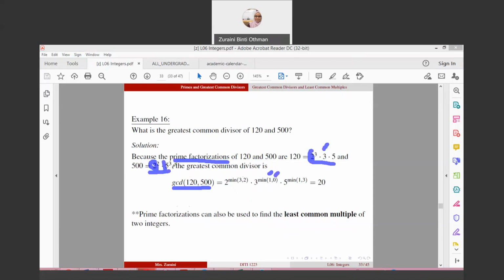Okay, so now we look at 5 punya base pula. 5 ni, yang atas ni kuasa 1 dan yang bawah ni kuasa 3. So ambil yang paling kecil for all of these. So we find that 2 power of 2 times 3 power of 0 times 5 power of 1.